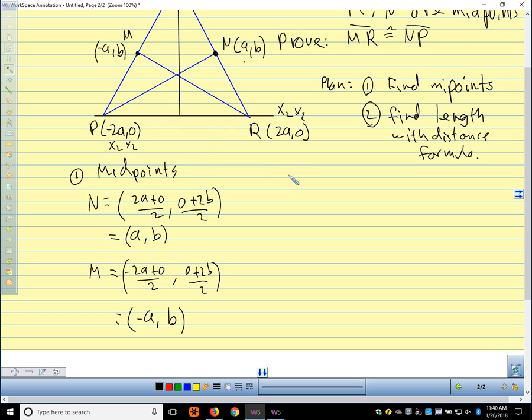Part 2 of the plan is find distances, lengths. So let's do MR first. MR equals, since this is x2, y2 already, I'll call this one x1, y1.